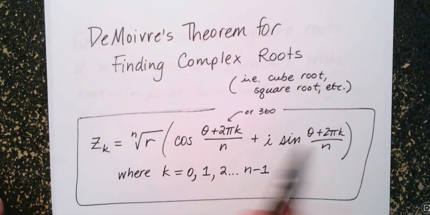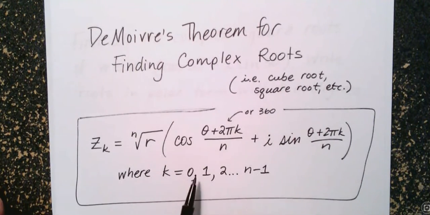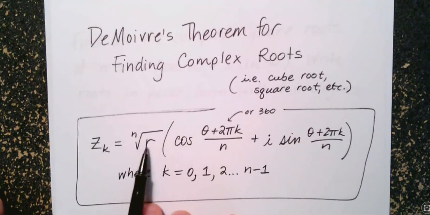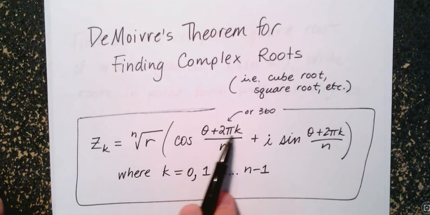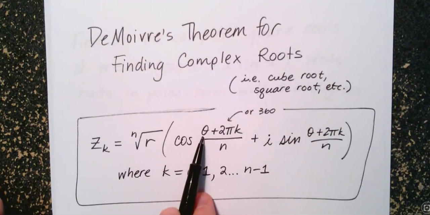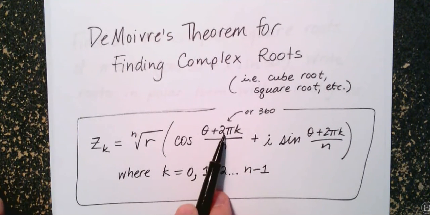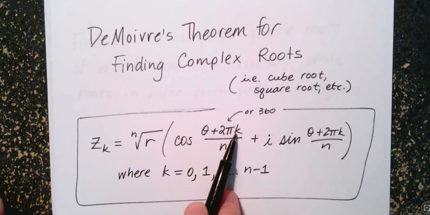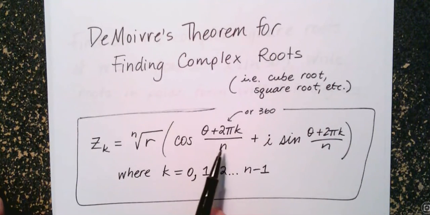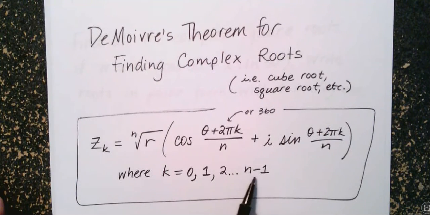You're going to do that whole thing again for k is 1. So you're going to go back and do the same thing here, but the difference is this time you're going to say my angle plus 2 pi or 360 times 1 before dividing by n. You're going to do this all the way up until you get to 1 less than whatever root you're doing.